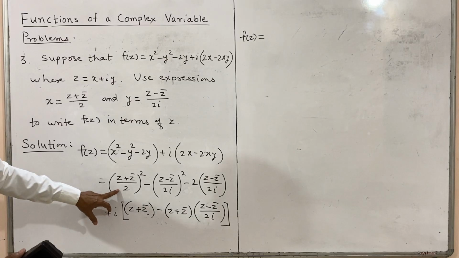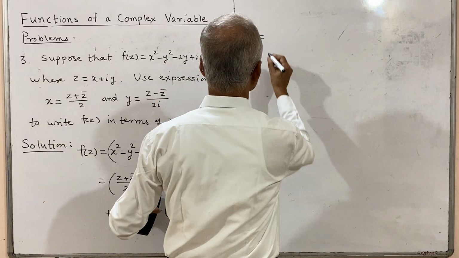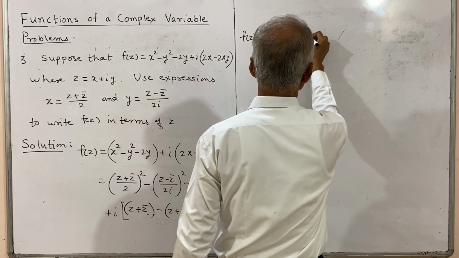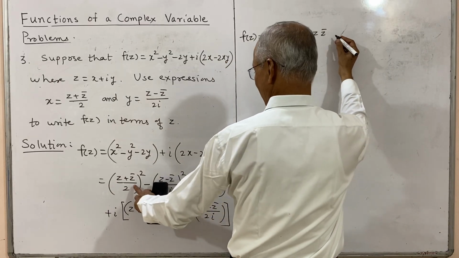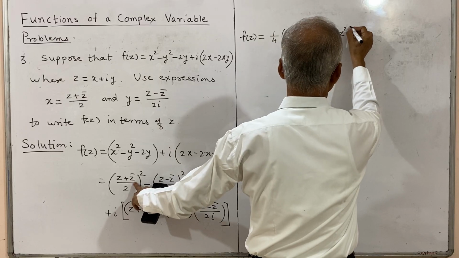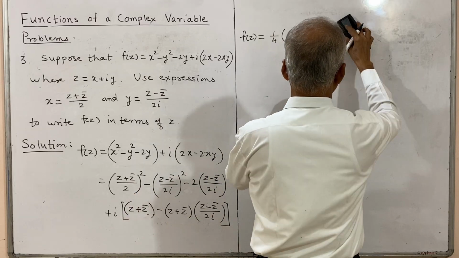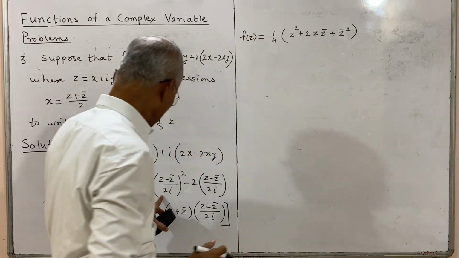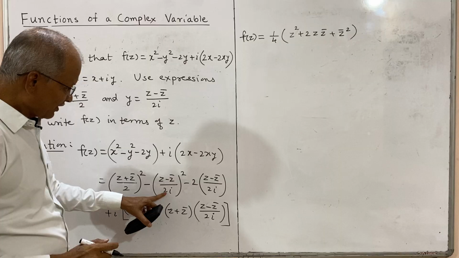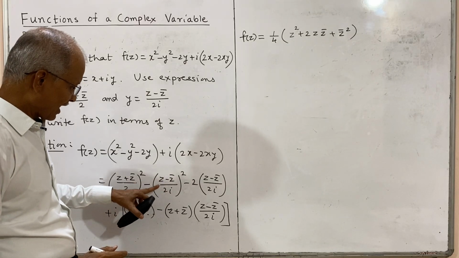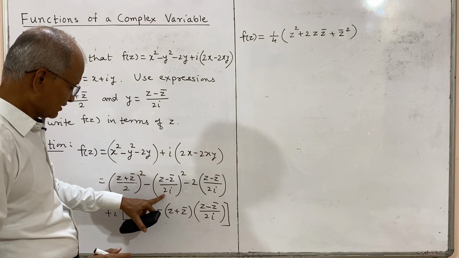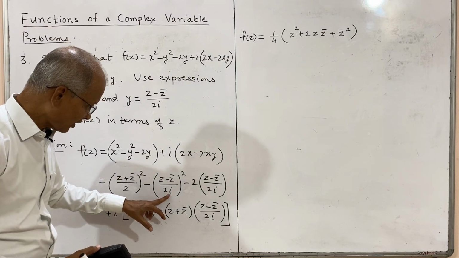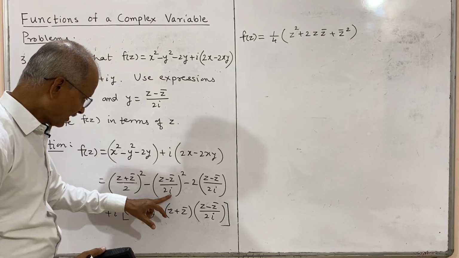See the square of this, so I shall write 1 by 4 common, and in bracket it is z square plus 2z z bar and plus z bar square. And this you should see, we multiply the numerator and denominator by i outside but that is not necessary here, because the square is 4i square and i square is minus 1.